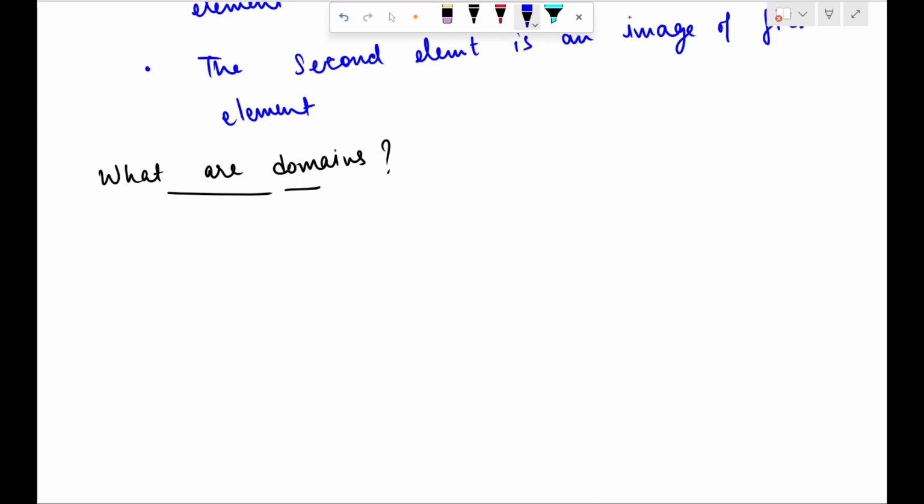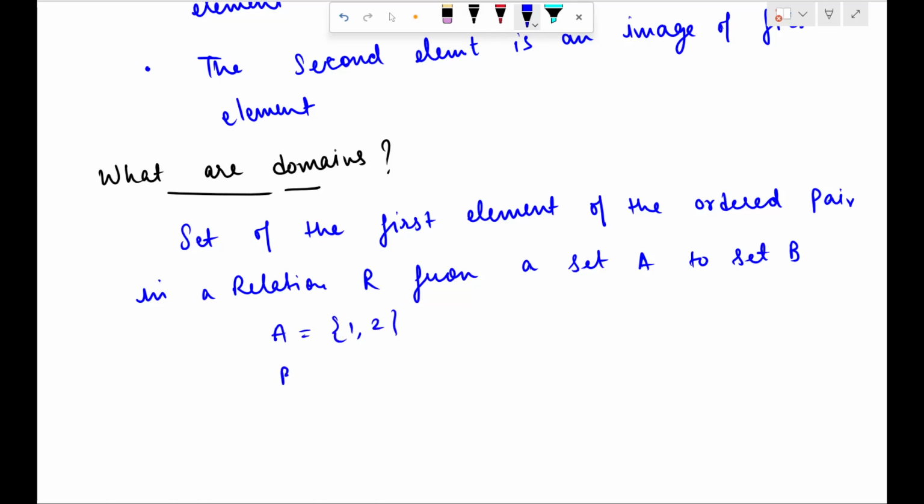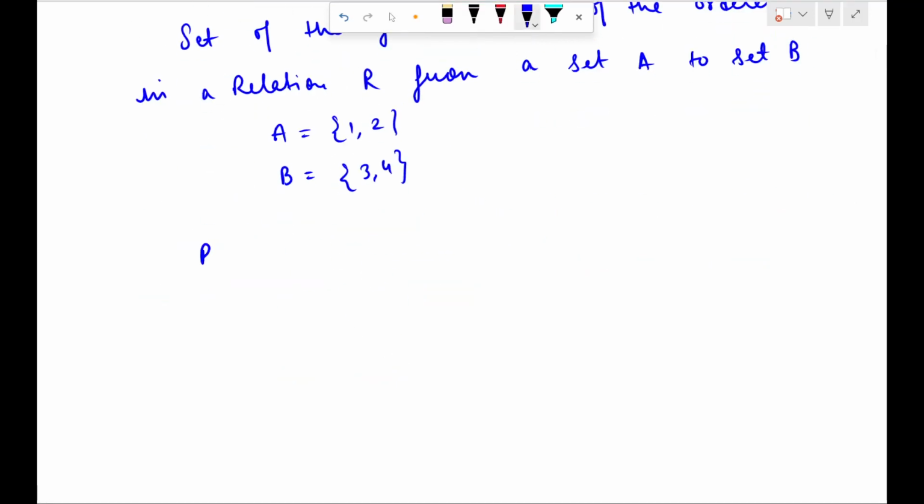The set of all the first elements of the ordered pairs in a relation R from a set A to set B is called the domain of the relation R. So if we have A is {1, 2} and B has {3, 4}, and in some relation from A to B we get R is equal to {(1, 2), (1, 4)}.